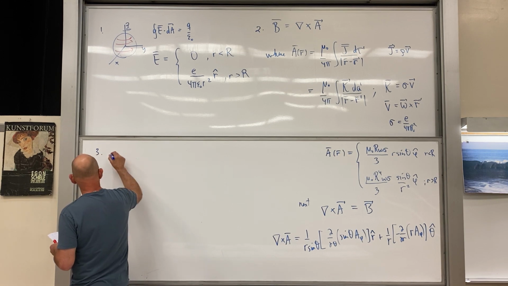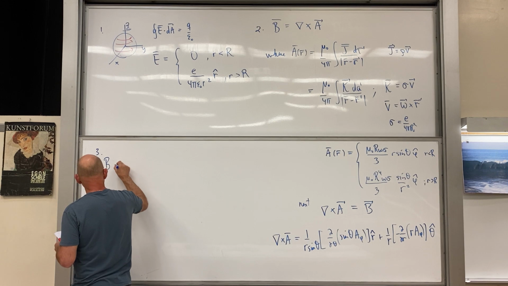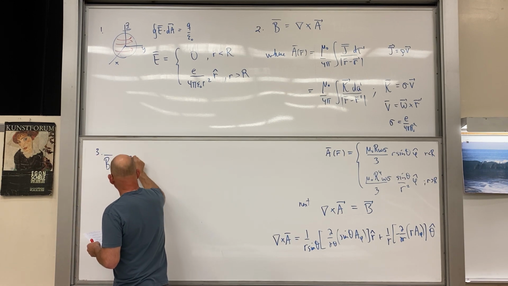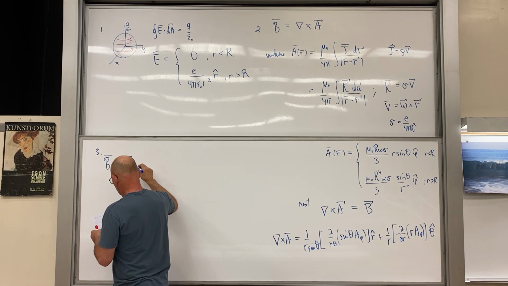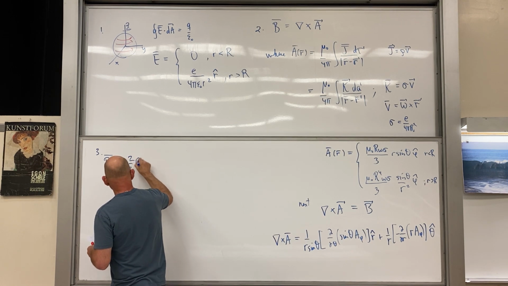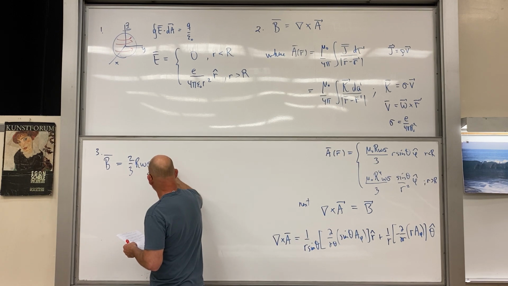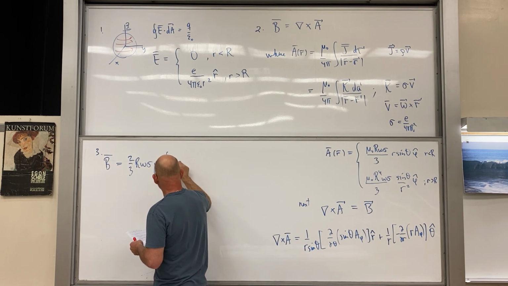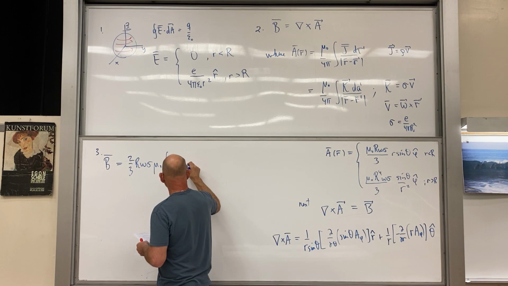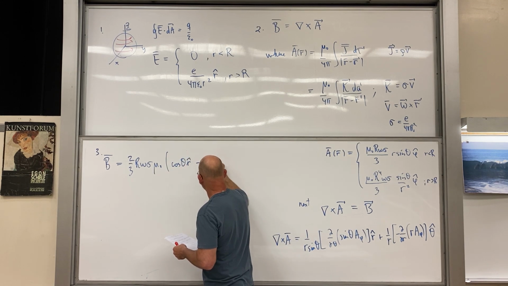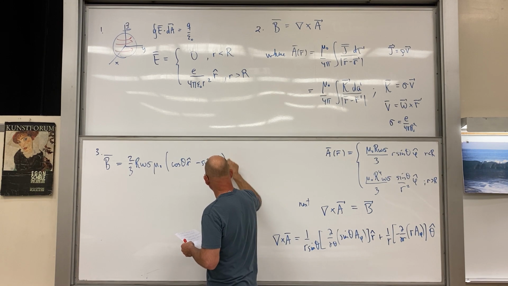So we get B equals 2/3 r omega sigma mu naught, cos theta r hat minus sine theta theta hat.